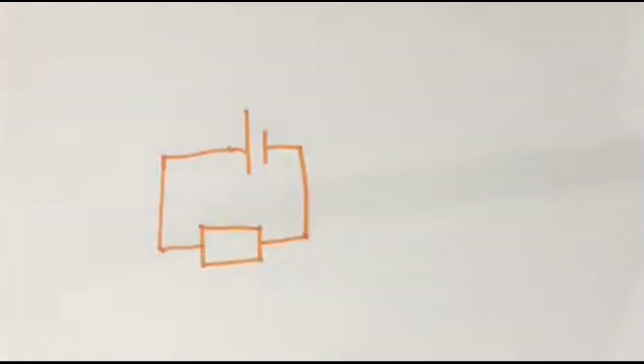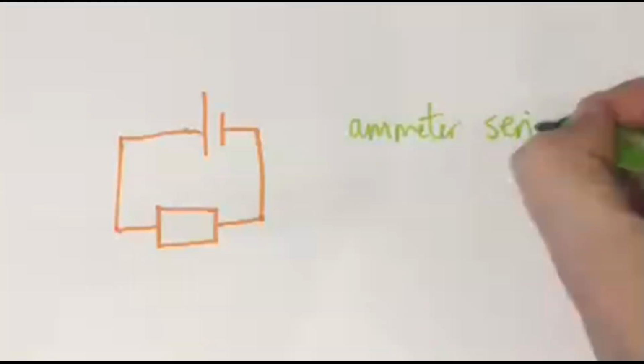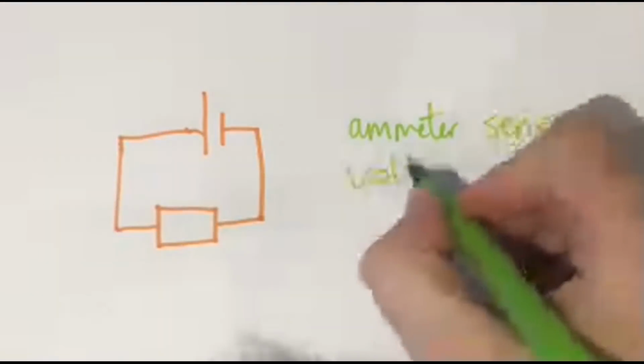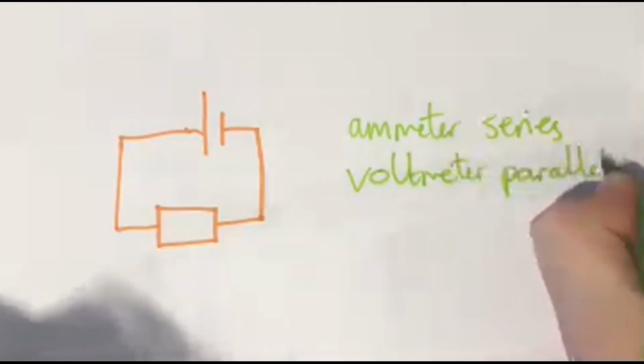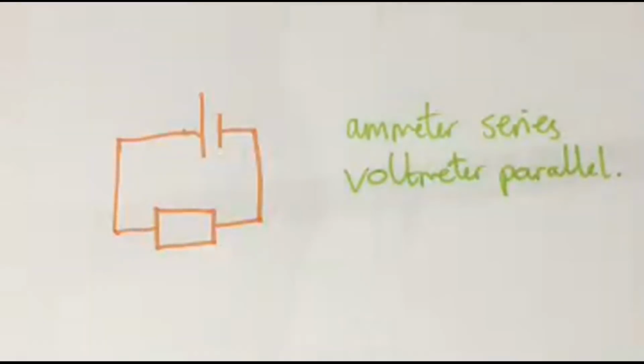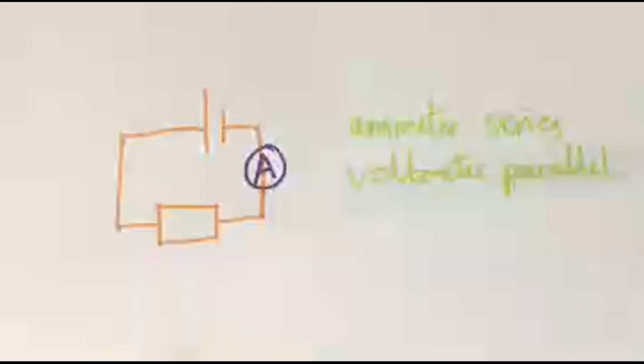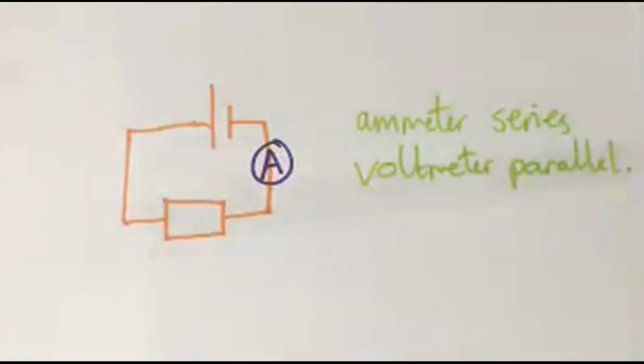If I want to measure the current and the potential difference, remember, the ammeter is in series, and the voltmeter is in parallel. So if I want to put my ammeter in, it has to go in the existing circuit because the ammeter's in series. So I'm going to put it there because it's in the existing circuit.